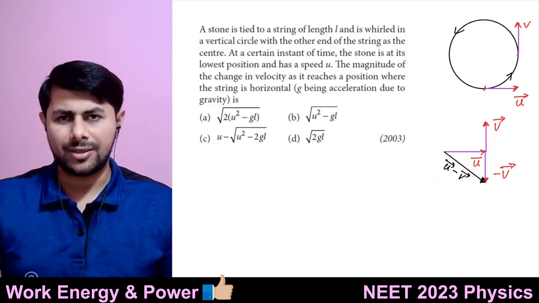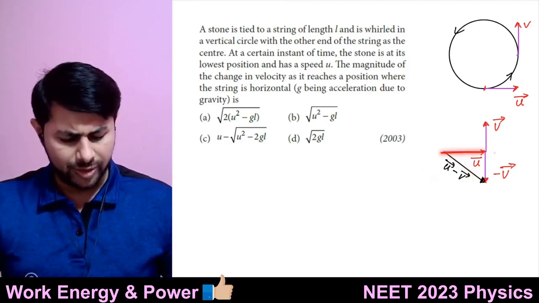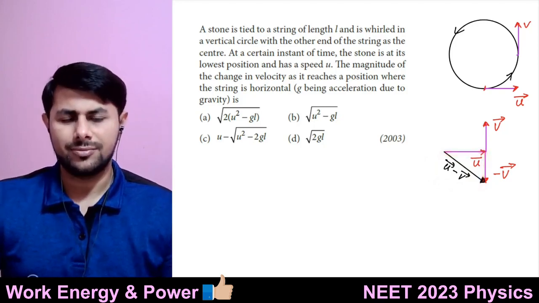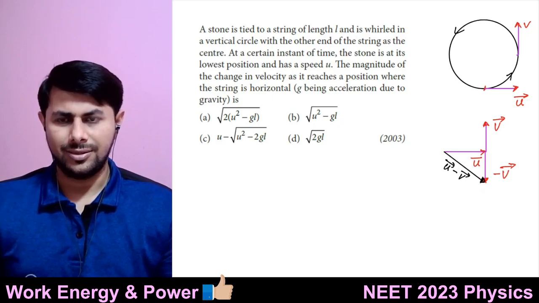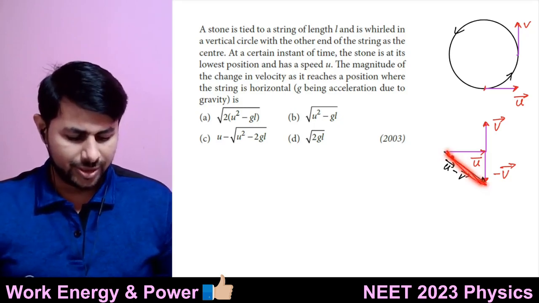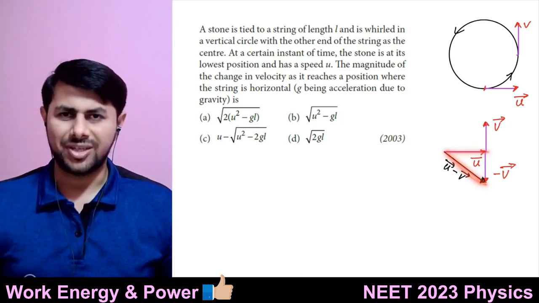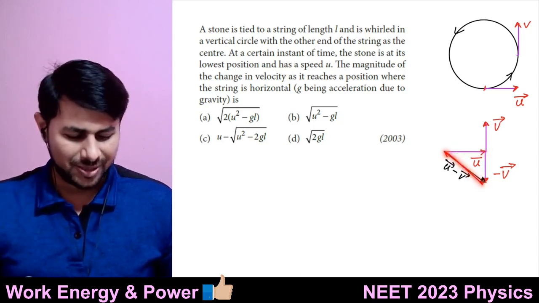So how much would be the magnitude? Use the triangle law. Sorry, square of magnitude will be u square plus v square.